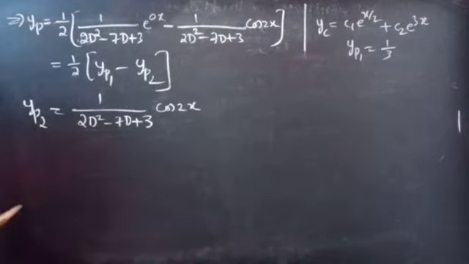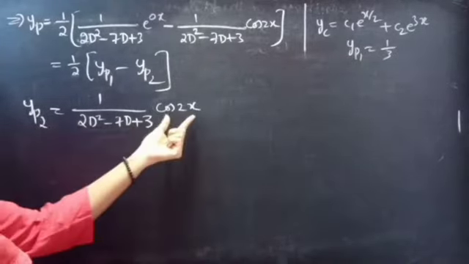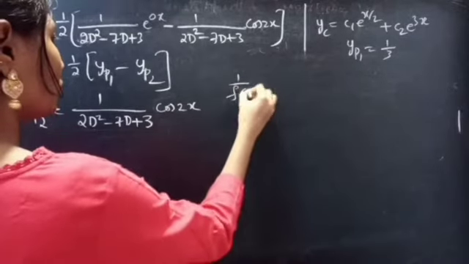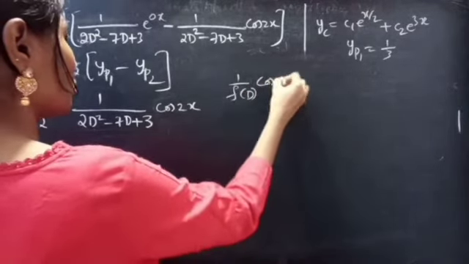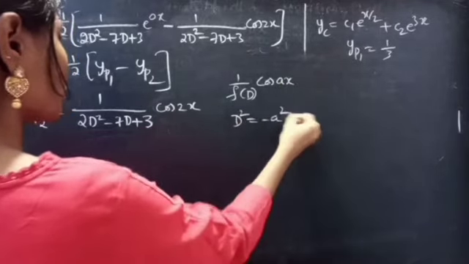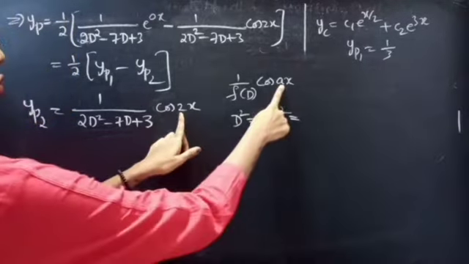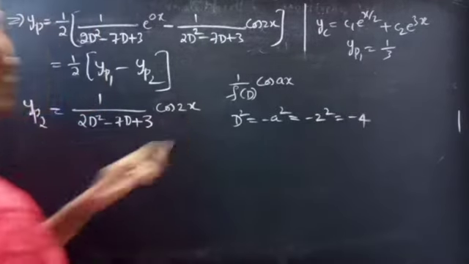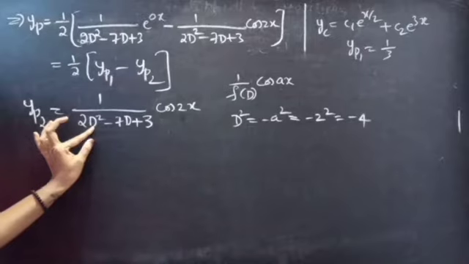Now let's find yp2, 1 by f of D into cos 2x. This is of 1 by f of D into cos ax form. Now we need to find D square, which is given by minus a square. Then for a equals 2, we get minus 2 square, which is minus 4. Now let's see what happens by replacing D square by minus 4 in the denominator.